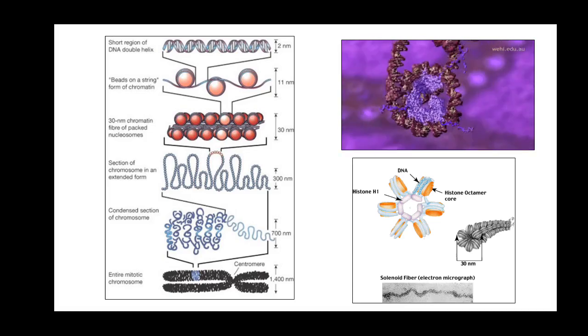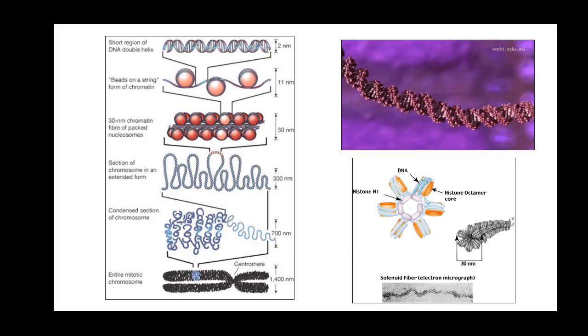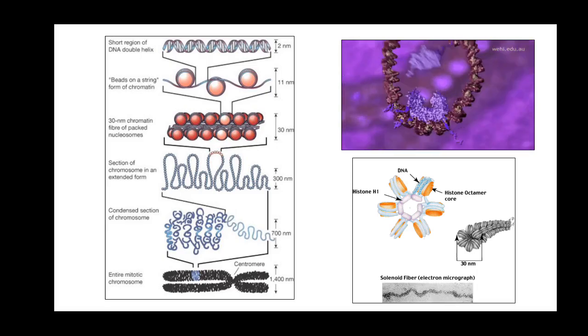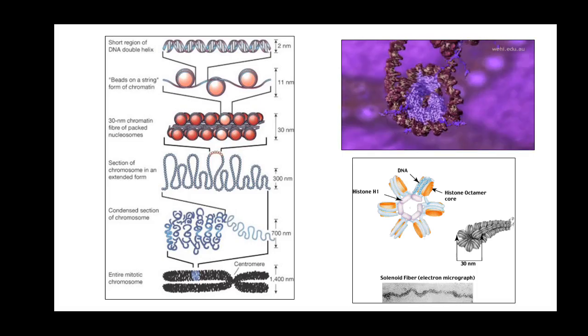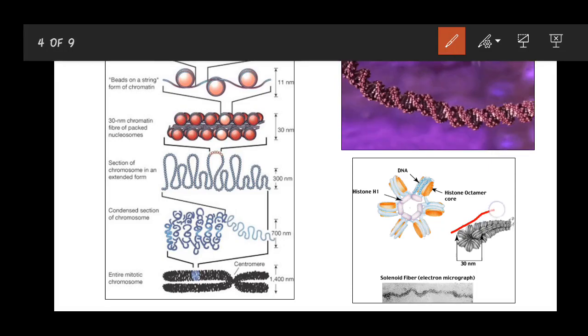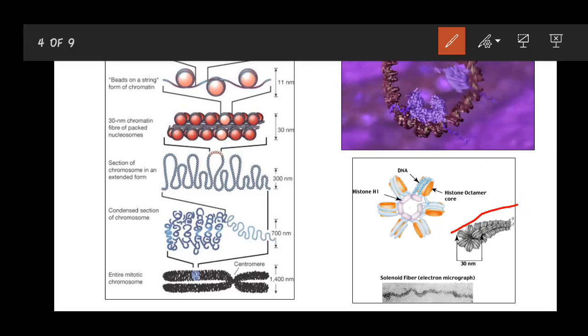That rod-like structure is called a solenoid, and this solenoid is again coiling. A solenoid is a straight rod-like structure, which can be called a fiber.